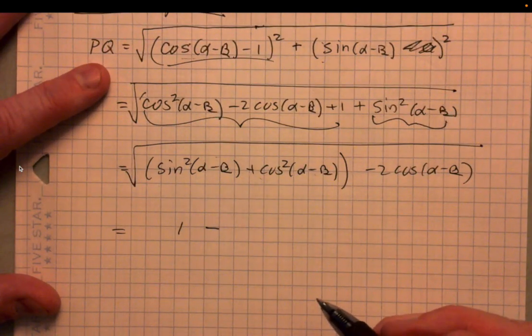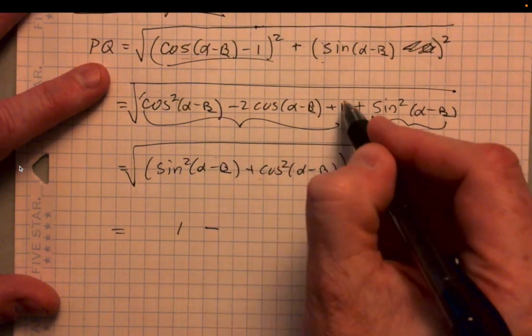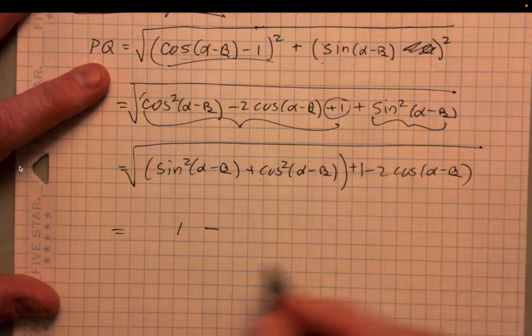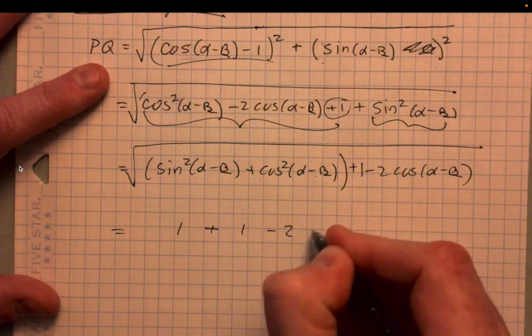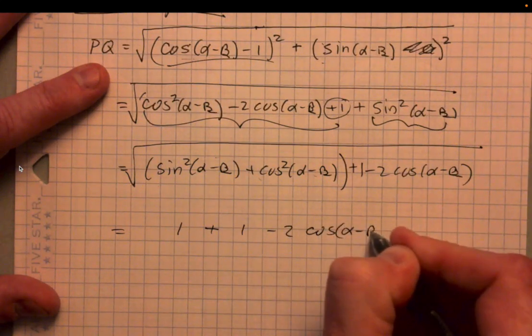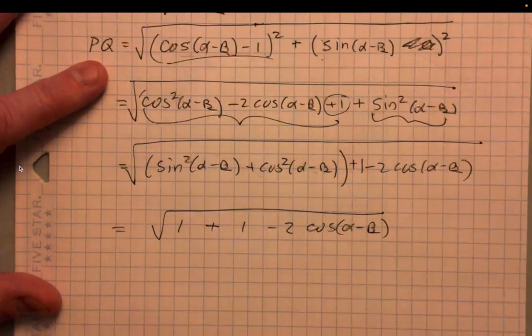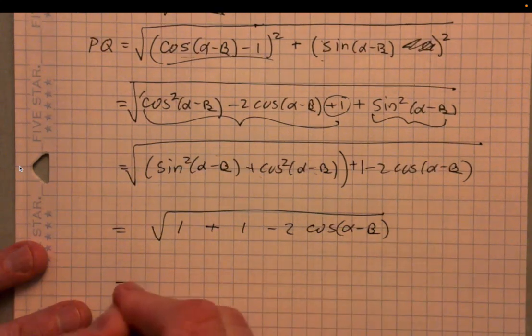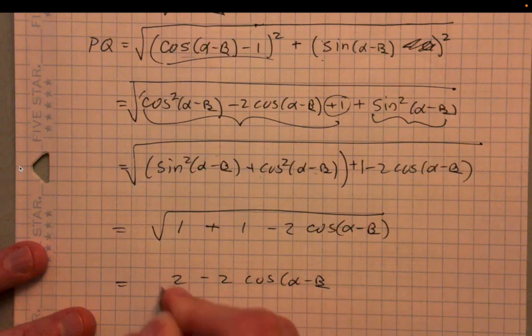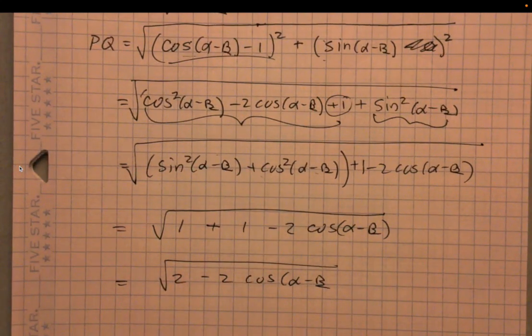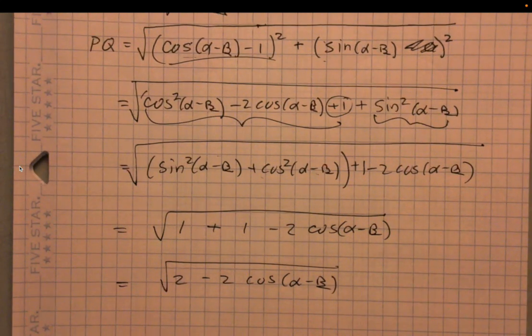Oh, sorry, I forgot a 1 here. I've got this piece here too, so that should be plus 1. So I've got 1 plus 1 minus 2 cos alpha minus beta. Okay, and we know that that is equal to 2 minus 2 cos alpha minus beta. All right, so now I've got an expression for the distance PQ from diagram 2.